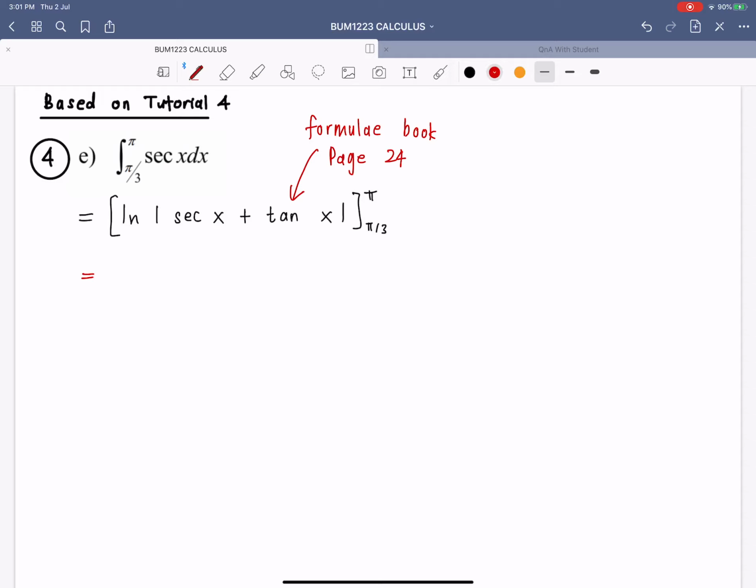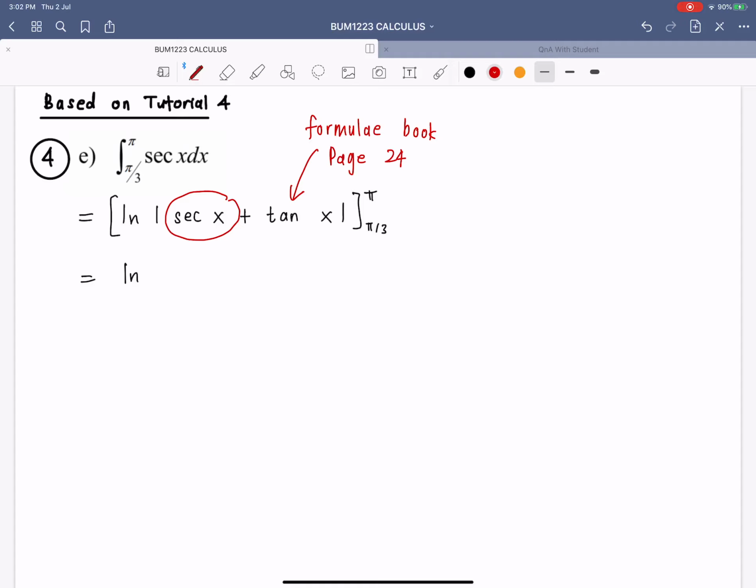Now we will substitute x equals to the upper limit first, which is pi. But before that, if you look at our function here, this is secant x, but you don't have a secant x function on your calculator.